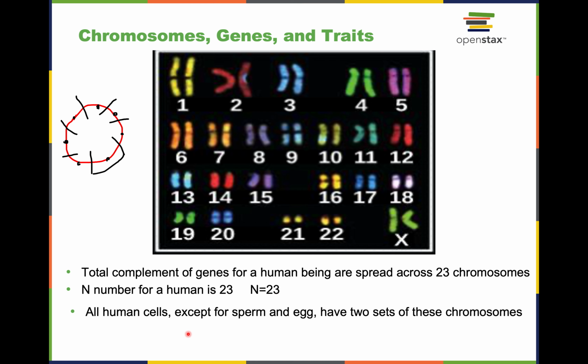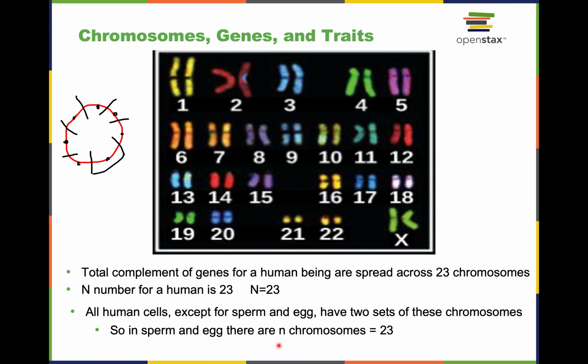Now, all human cells, except for sperm and egg, have two sets of chromosomes. That's why you see two of each in here. We have two chromosome 1, two chromosome 3, two chromosome 4, 5, so on and so forth. Okay? So therefore, in human cells, we have double, but in sperm and egg cells, there's only one set.